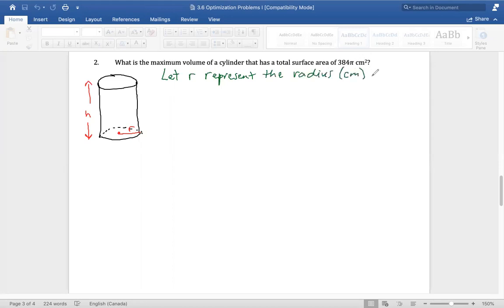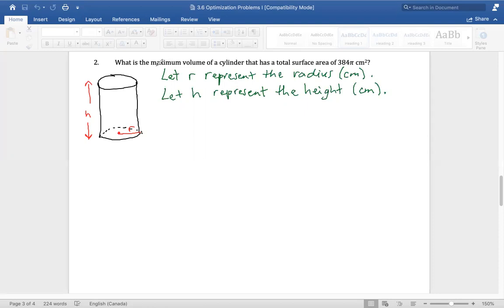Centimeters, radius in centimeters. We have H here. H is always height. Might as well use H instead of X and Y, but again, there's nothing wrong with that. Use X and Y if you would like. Let H represent the height of the cylinder in centimeters.